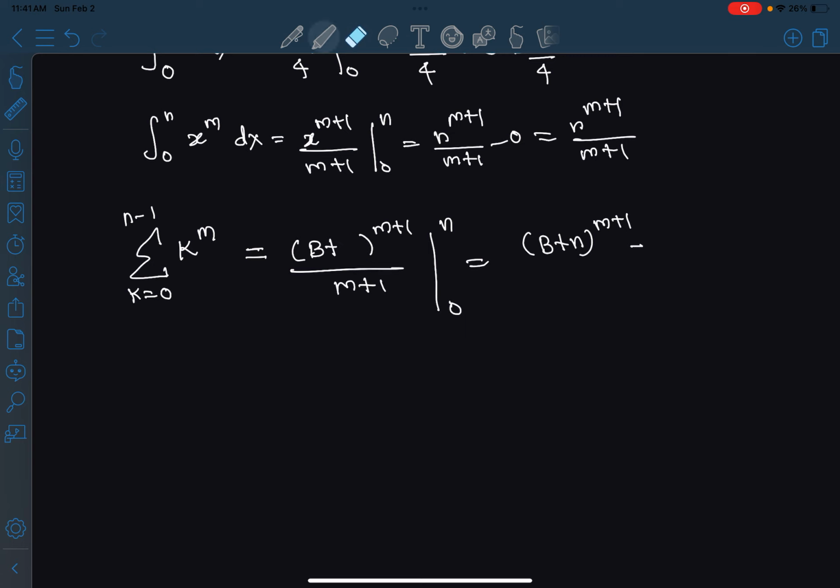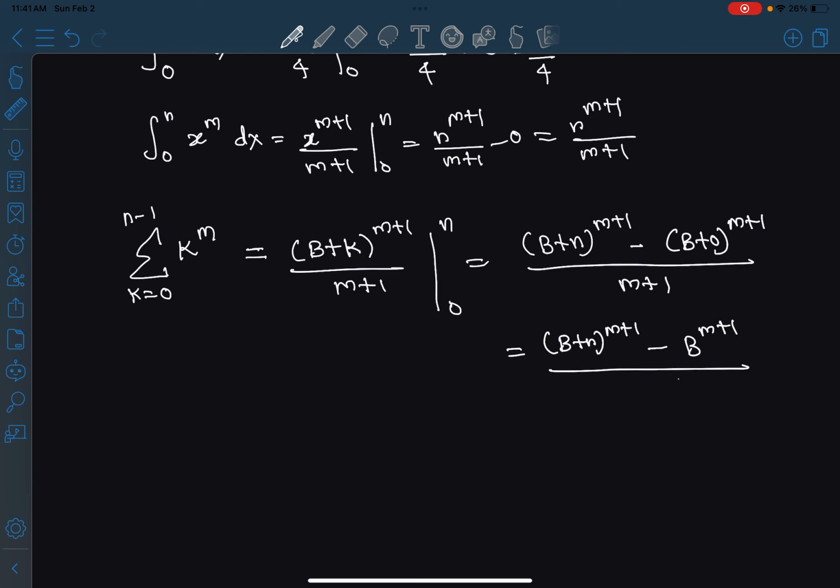Actually, the variable is k in this case, and k is substituted by n and 0. So B plus 0 to the power m plus 1 by m plus 1. And so this is basically B plus n to the power m plus 1 minus B to the power m plus 1, all by m plus 1. I haven't told you what B is till now.